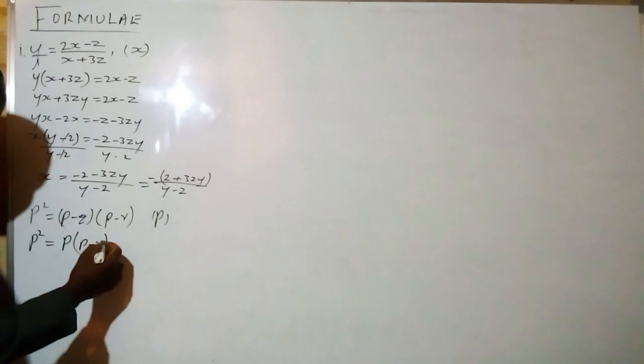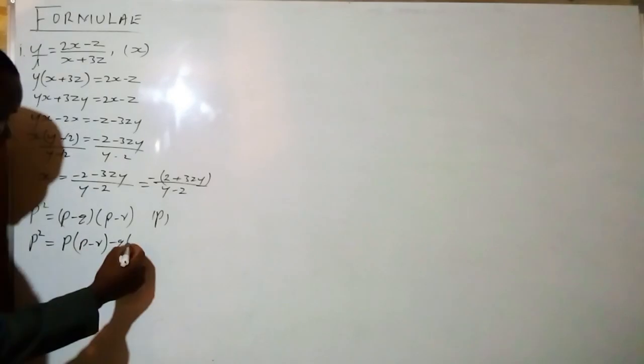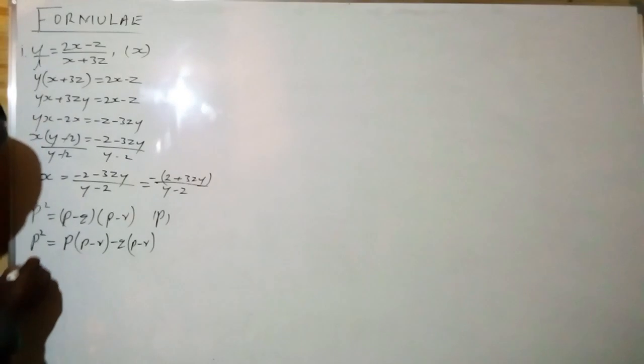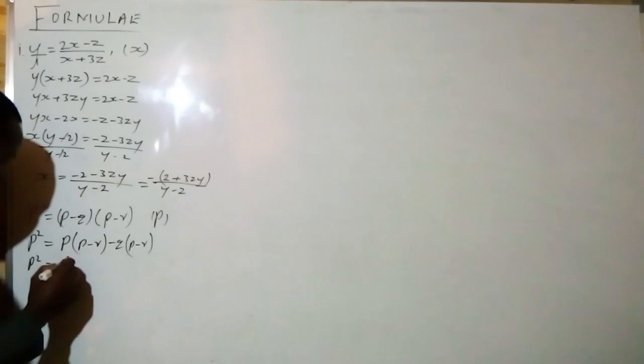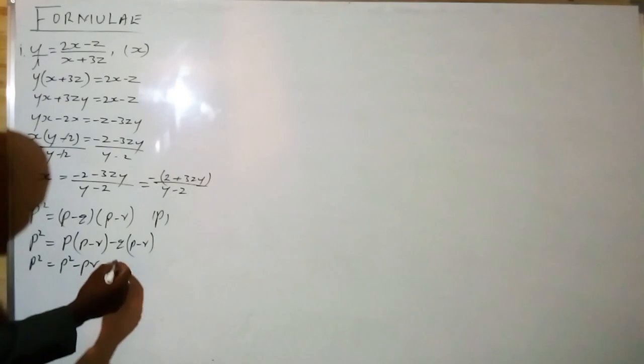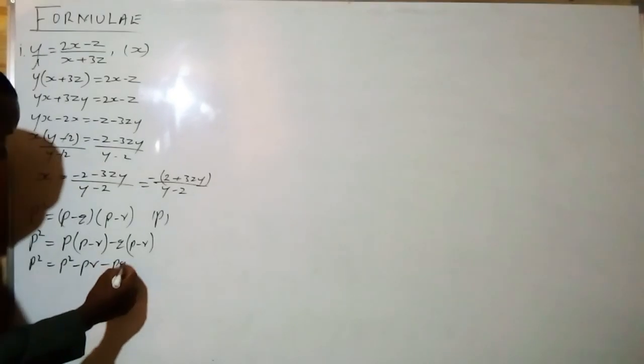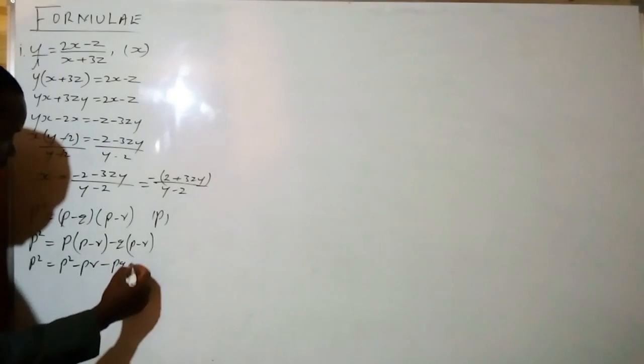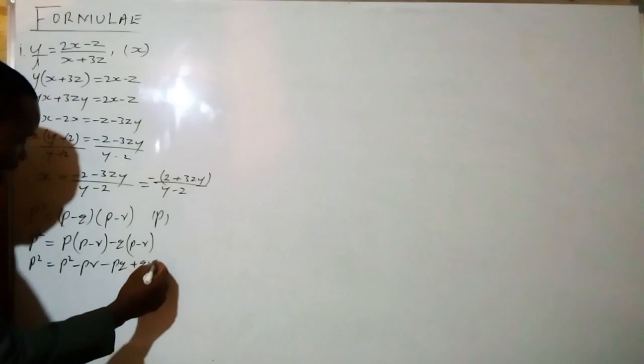negative q, p minus r. We expand. P squared is equals to p squared minus pr minus pq, negative and negative is plus, then qr, like that.